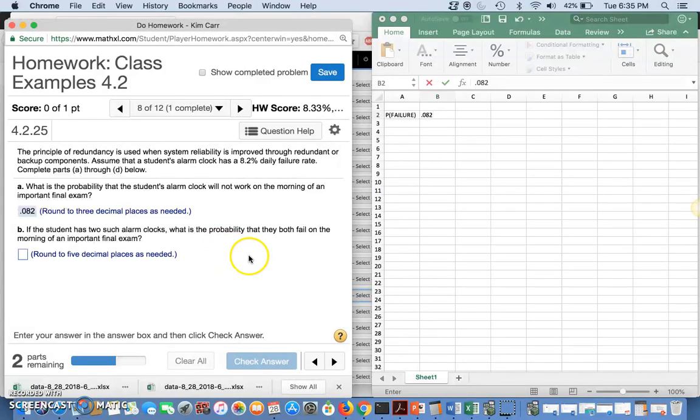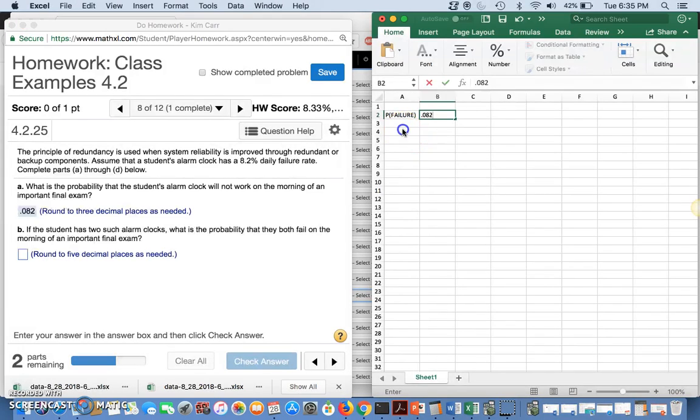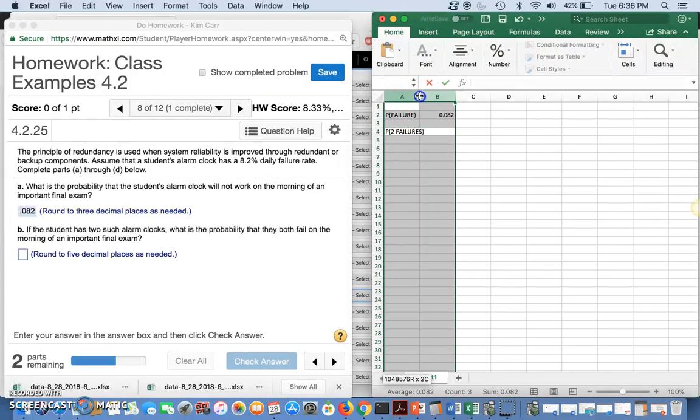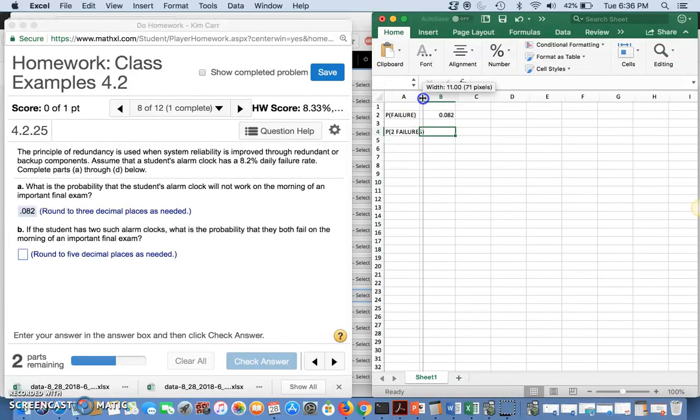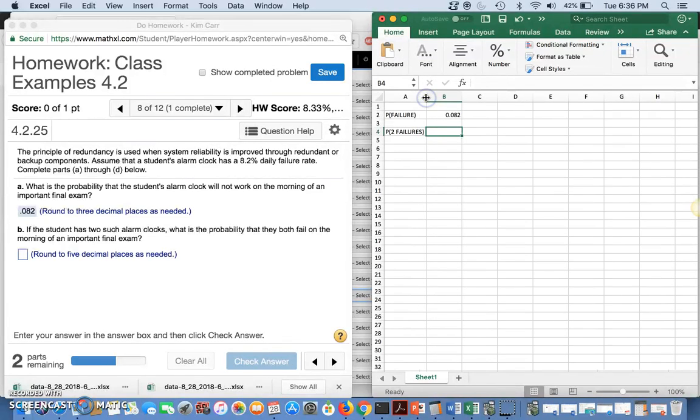If the student has two such alarm clocks, what is the probability that they both fail? So we want the probability of two failures. Okay, what would the probability of two failures be? All right.